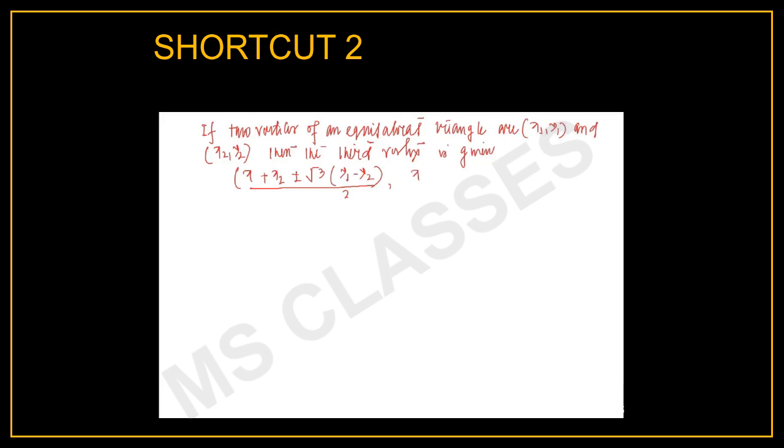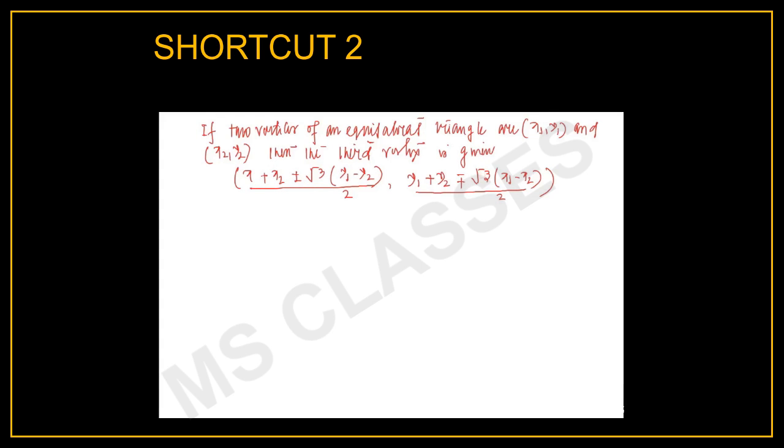And the ordinate is given by y1 plus y2 minus plus root 3 into x1 minus x2 by 2. So if two vertices of an equilateral triangle are given, we can get the third vertex by this formula, which is quite similar to the previous shortcut. Just here we have a factor root 3.